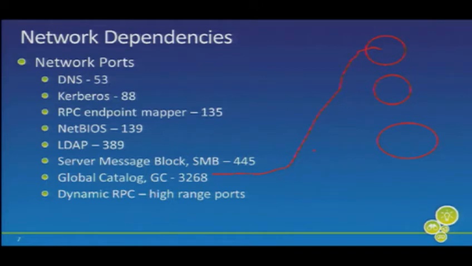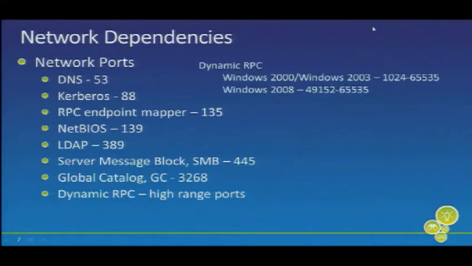And we have our dynamic RPC ports. In 2003 and XP, the dynamic ports start from 1024 to 65,535. In Windows 2008, Vista, Windows 7, and 2008 R2, we changed the dynamic port range to 49,150 to 65,535.